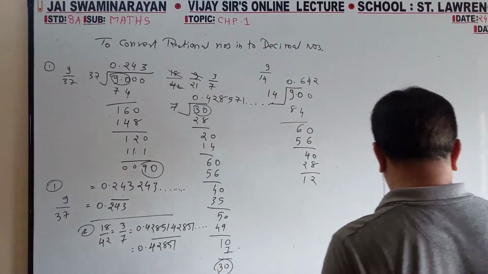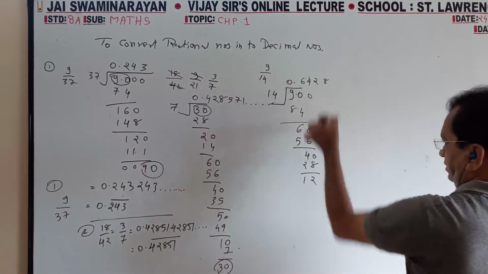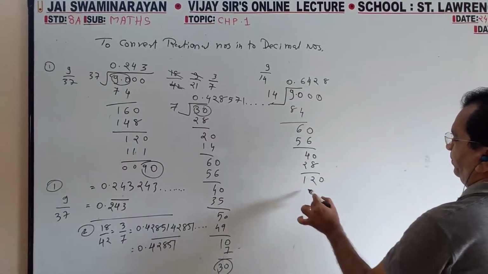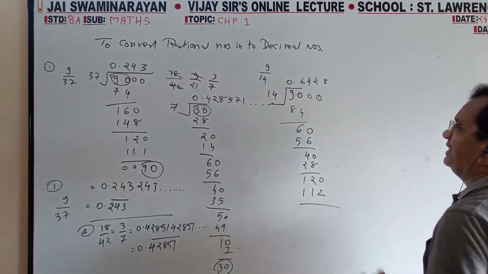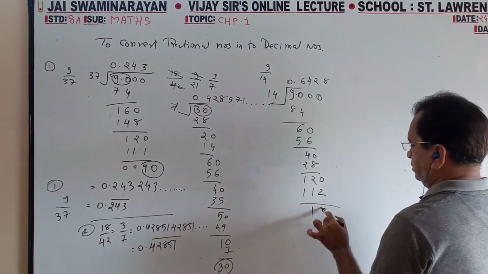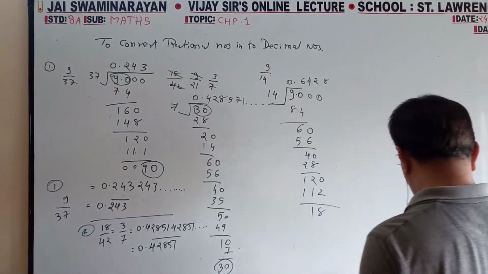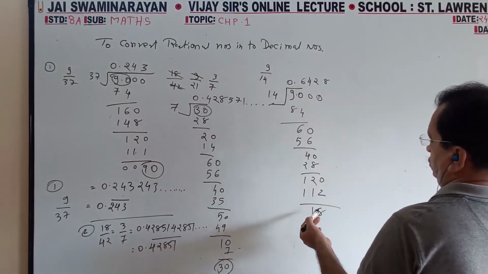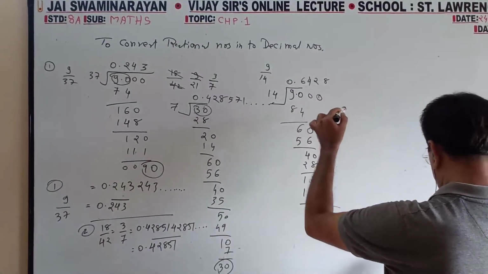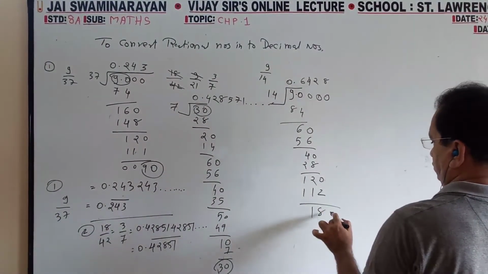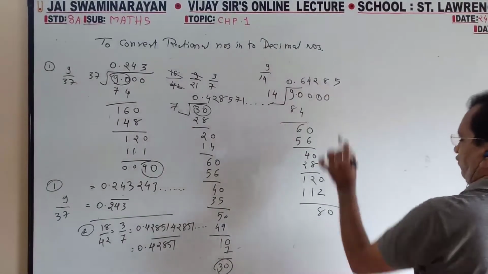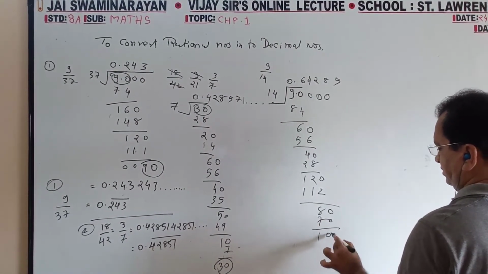12. Now 8s are 0, 0. 14 8s are 112. 18. One more 0. Sorry, not 80. So 5s are 70, 10.